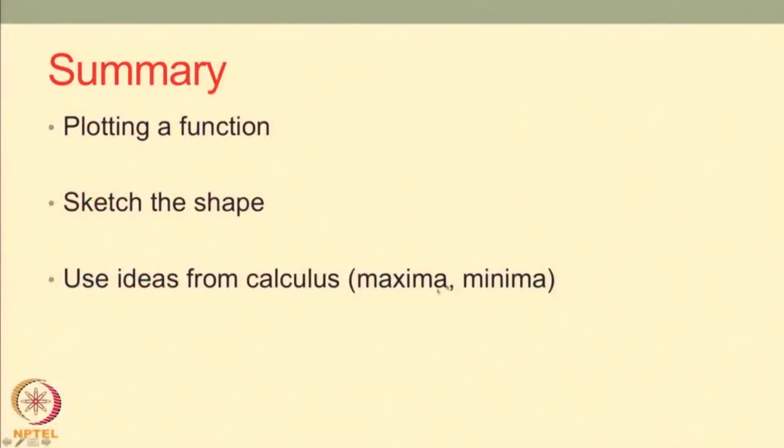For this we use ideas from calculus, like maxima, minima, and derivatives: the first derivative being 0 would mean there are turning points, a maximum or a minimum. If the second derivative is positive, it will be a minima, and when the second derivative is negative, it will be a maxima. These are the ideas from calculus that we could directly apply to learn how to sketch a function.